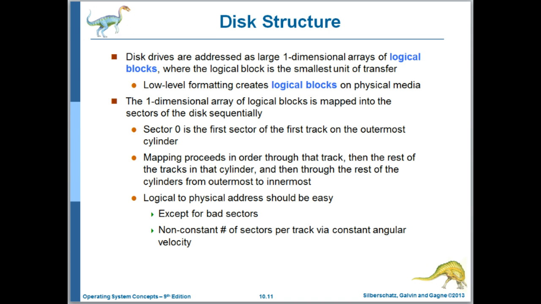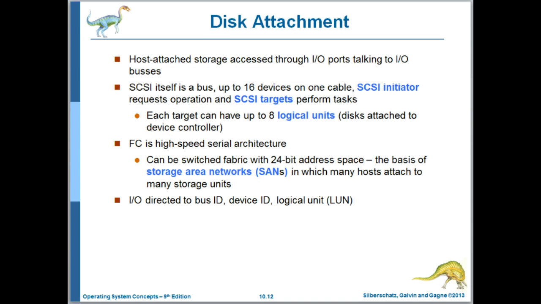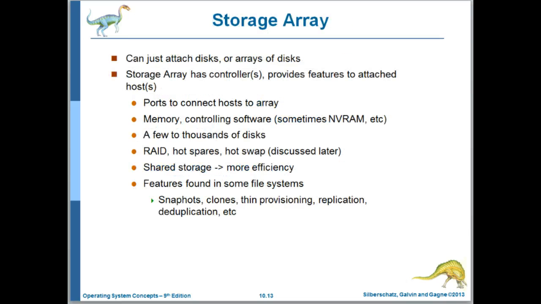All right, mentioned in passing previously, there are a number of bus interfaces that are used to attach disks to systems, such as USB for external drives, SATA, SCSI, serial attached SCSI, etc. For big data applications, storage can be pooled, as mentioned here, from a few to thousands of disks.